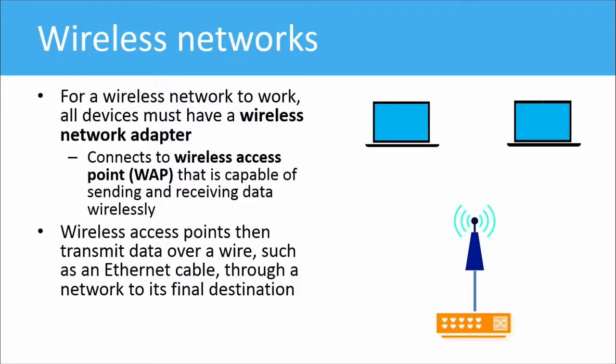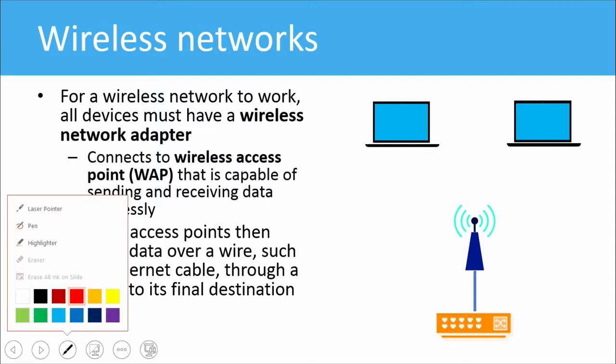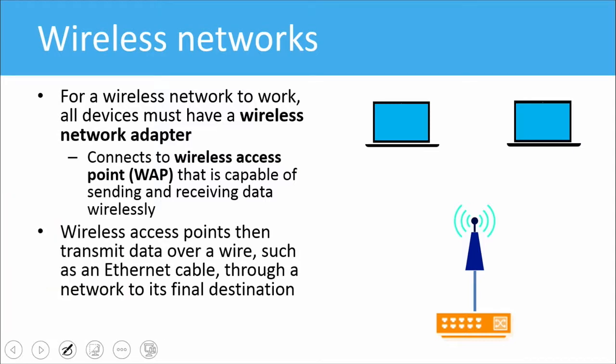All right, so let's talk about wireless networks. For a wireless network to work, all devices have to be connected through a wireless network adapter. And so it's a little bit different from the wired one that you guys saw a picture of earlier in one of our modules. I think it might have been Module 2. I can't recall. Don't hold it against me. And so those devices connect through radio signals to a wireless access point.